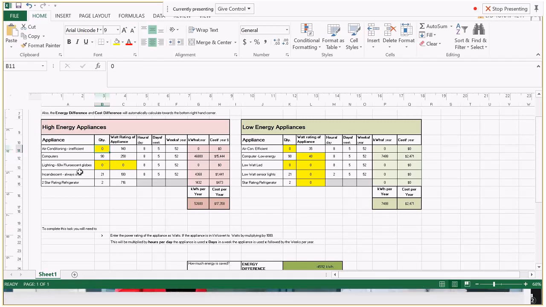So lighting, 60 watt fluorescent globes. So how many of those do we need? You'll be able to have a look back into that electricity information. You go, okay, our fluorescent globes are producing this many lumens. And then any idea what the watt rating is of a 60 watt fluorescent globe?